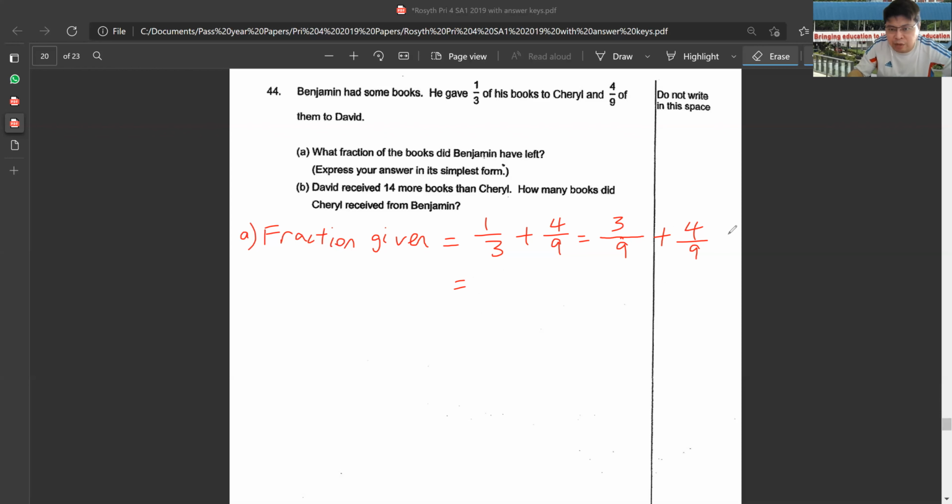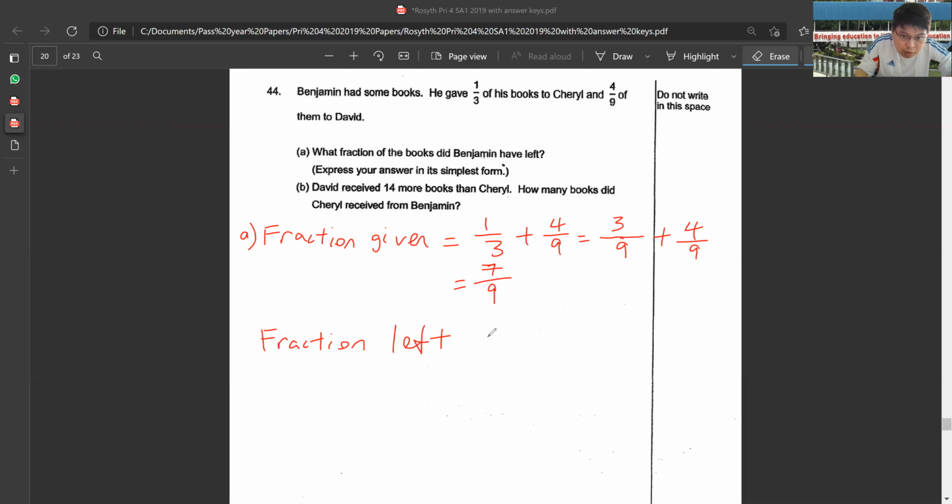So what's the fraction that's given? 3 over 9 plus 4 over 9 is 7 over 9. So what's the fraction that he has left?